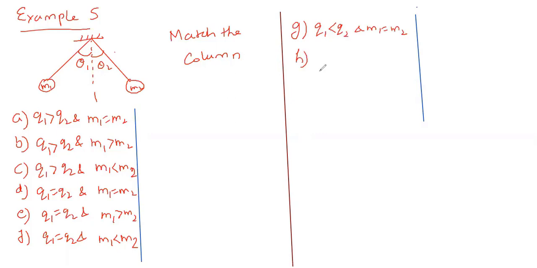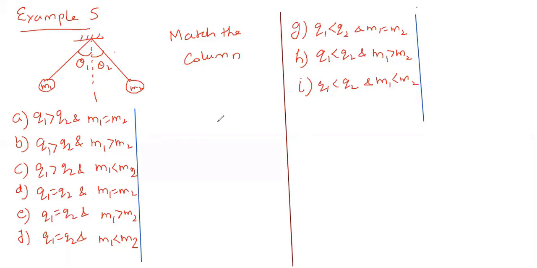In H part, q1 is less than q2 and m1 is greater than m2. In I part, q1 is less than q2 and m1 is less than m2. This is about the left column.